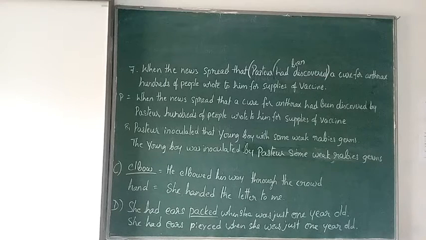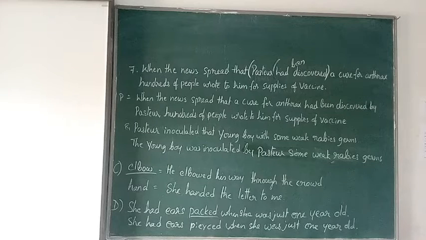Now, the next one. You are a great fool. They asked us to change into an exclamation. What a great fool. And after the sentence, you have to put the exclamatory mark there. An exclamatory mark after fool. The next one.